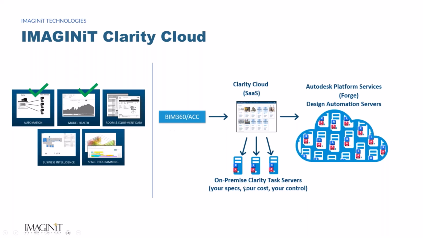To give one other scenario, we recently had an on-premise customer sign up for Clarity Cloud and basically just do double duty with their task servers, so that you can take these task servers and point them to both your on-premise machine and your cloud tenant.